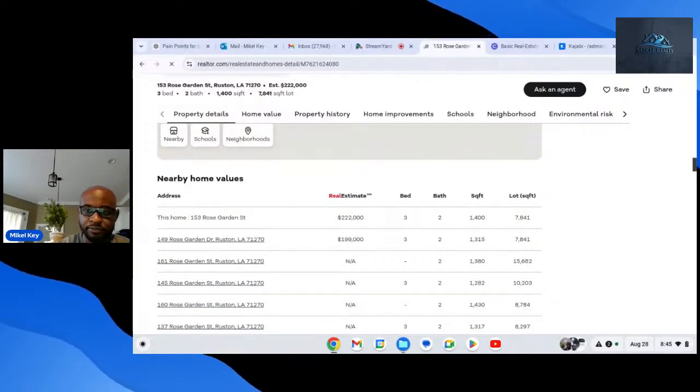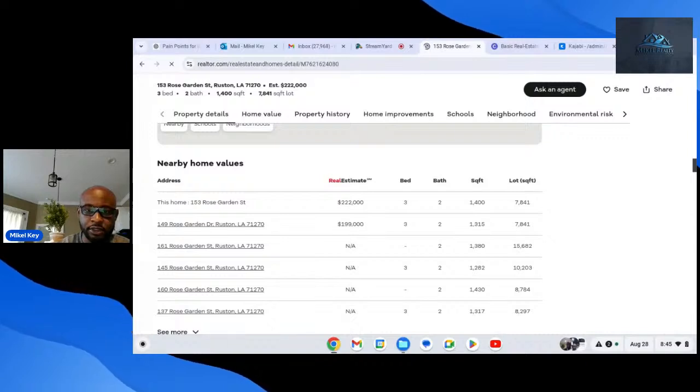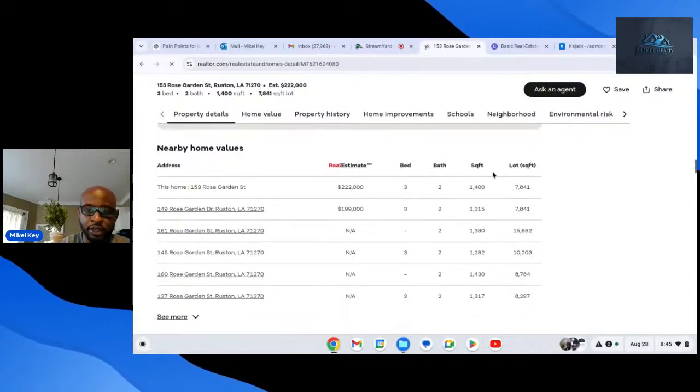It also gives you comps for your area. So as you can see, 149 Rose Garden, 3-bedroom, 2-bath, 1,315 square foot.